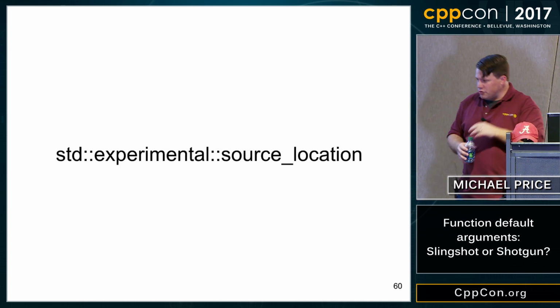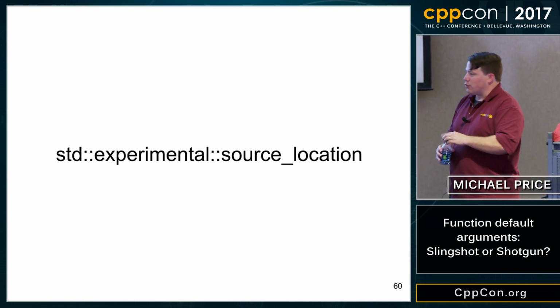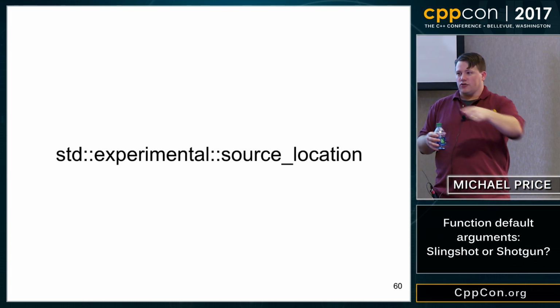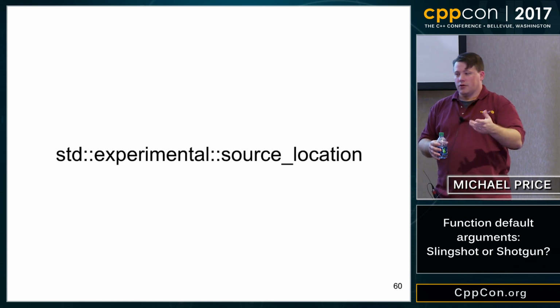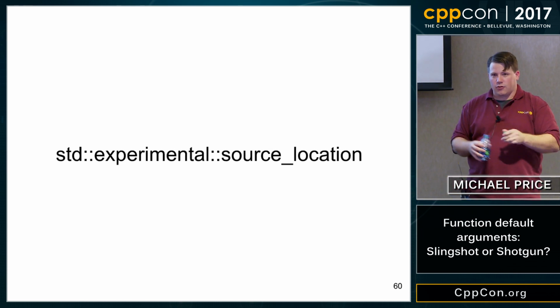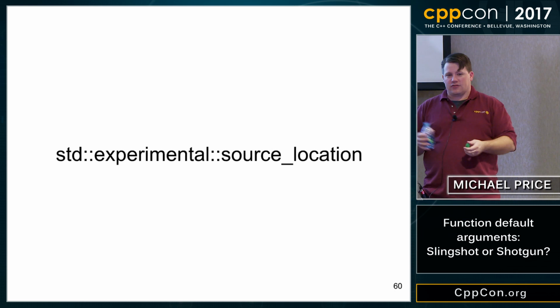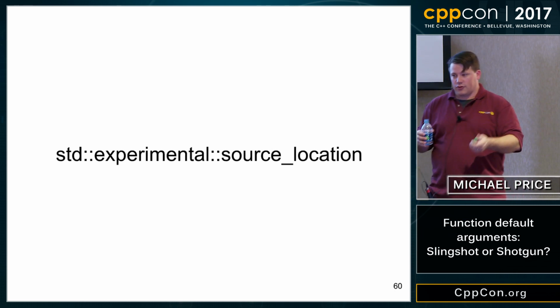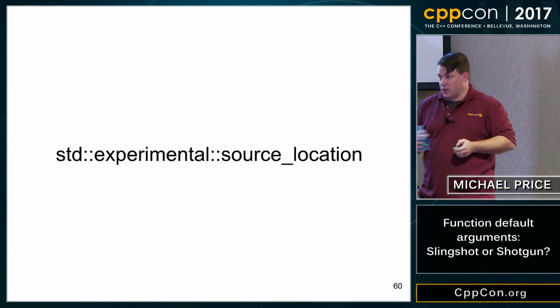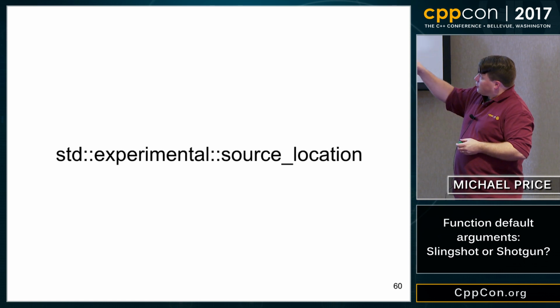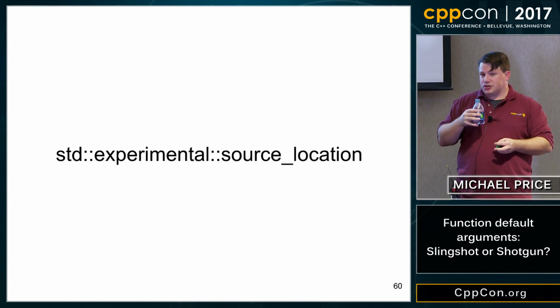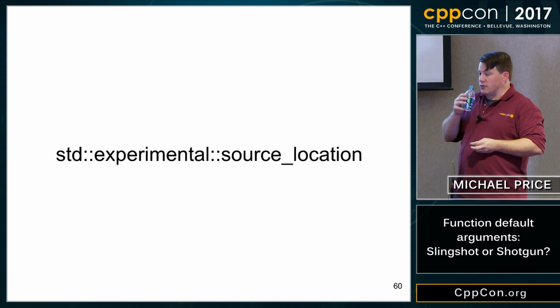Okay, so who knows about the library TS? Did you have a question? No. Okay, so the library fundamentals TS. There's version 1, there's version 2, presumably there'll be version 3. This is a type that's added to version 2 of the library fundamentals TS.